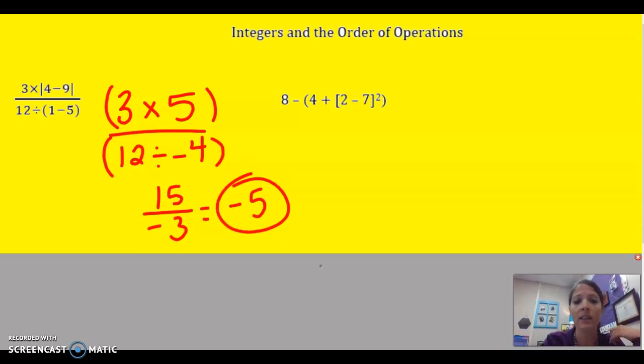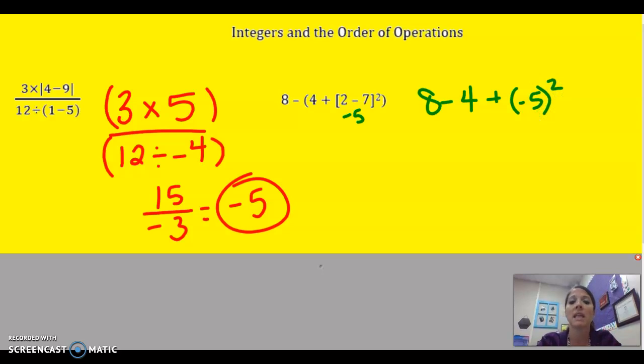Okay, on the next problem, whenever I have 2 sets of parentheses, I do the innermost set first. So I do 2 minus 7, which would be a negative 5. Now I'm going to rewrite this. So I have 8 minus 4, and then that's going to be plus a negative 5 squared.